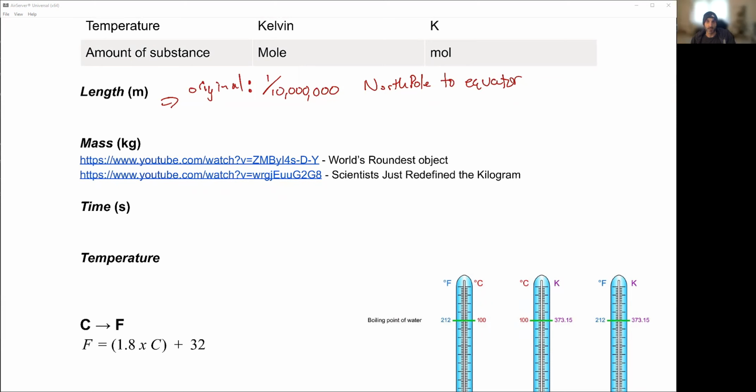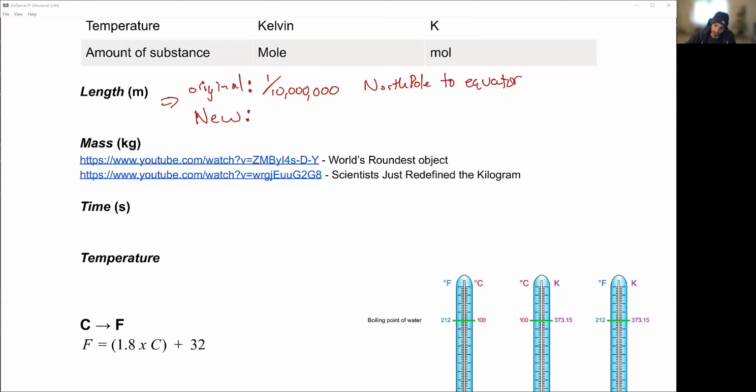You can measure this in New York City. You could measure this in China. You can measure this anywhere in the universe, and you should get the same exact value. And so they came up with a new definition of a length of 1 meter.